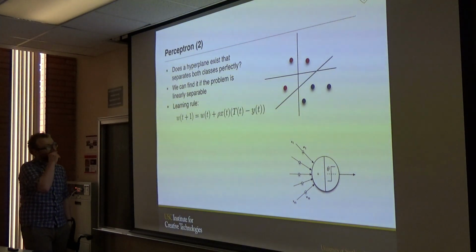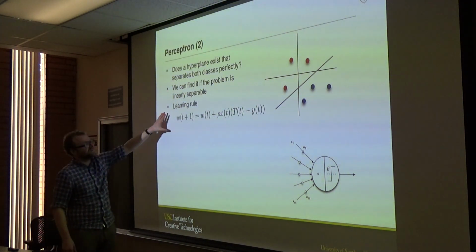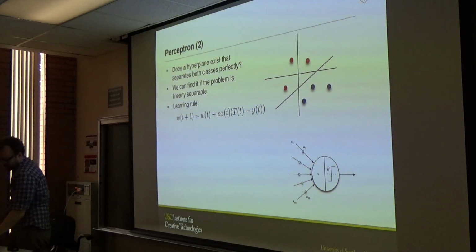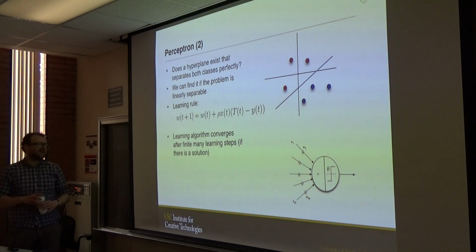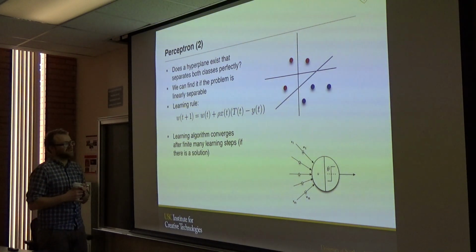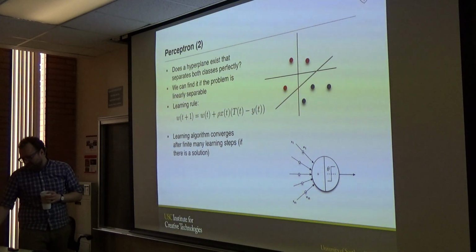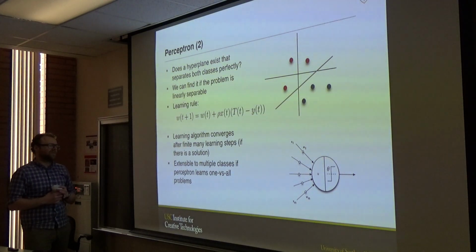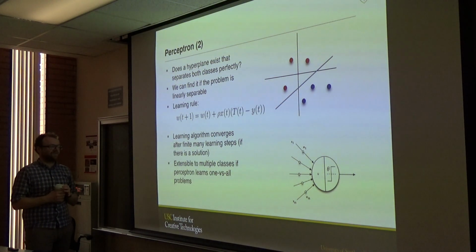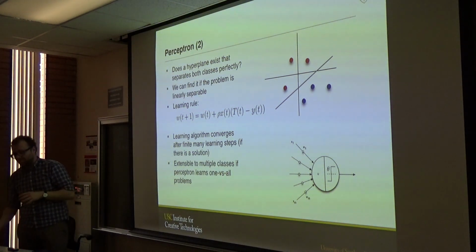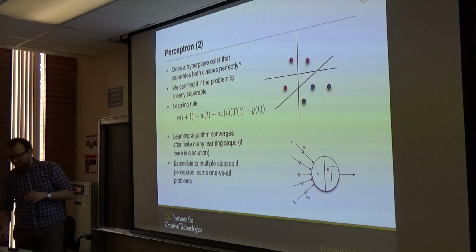And this is, again, the learning rule, the delta learning rule, and the learning algorithm converges after finitely many steps if there is a solution. This is also expandable to perceptrons that learn multi-class problems, because you can basically reduce this problem to one-versus-many problems.